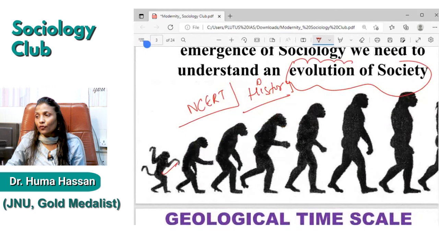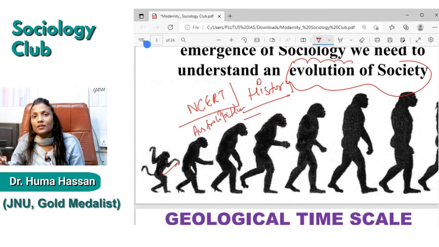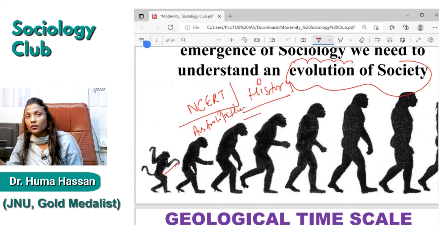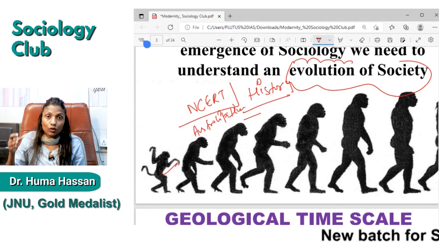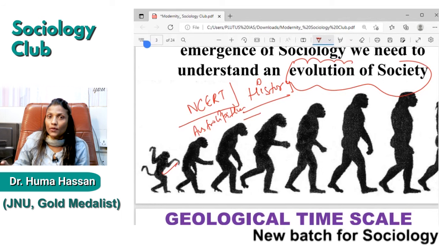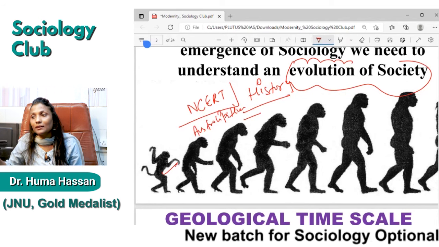So from Australopithecus we evolved to Homo habilis, where we started developing stone tools. Homo habilis means a person who has started making tools. Then Homo erectus, and then Homo sapiens sapiens.